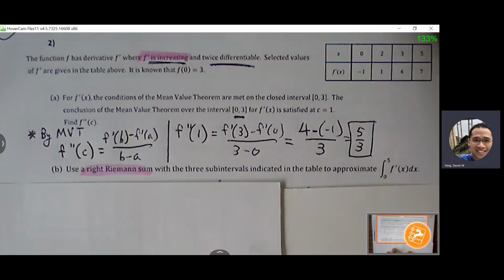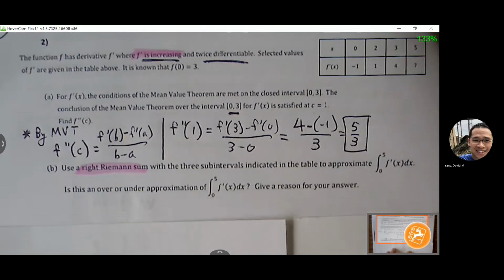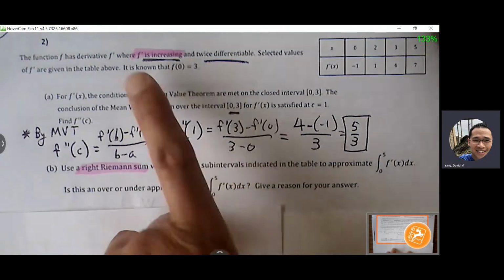Okay, part B, Riemann sum. Now, you know your graph is always increasing, right?